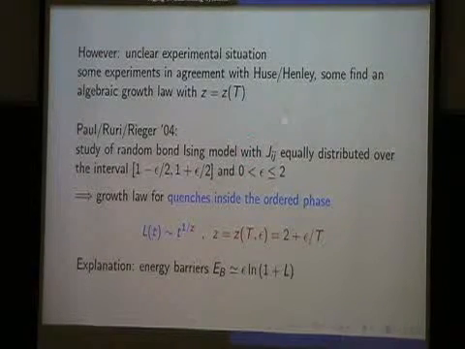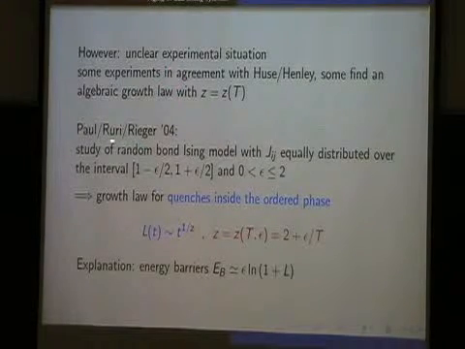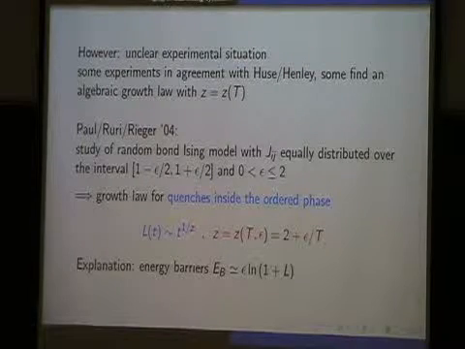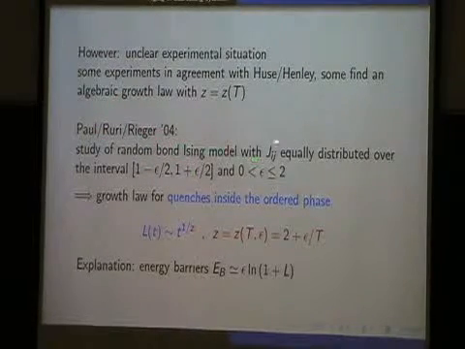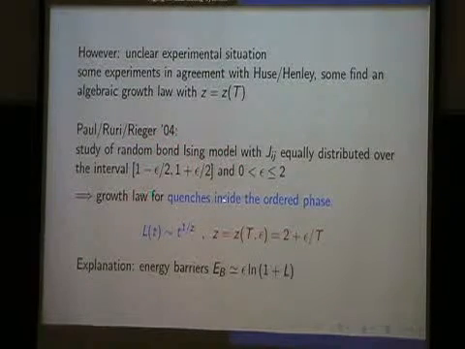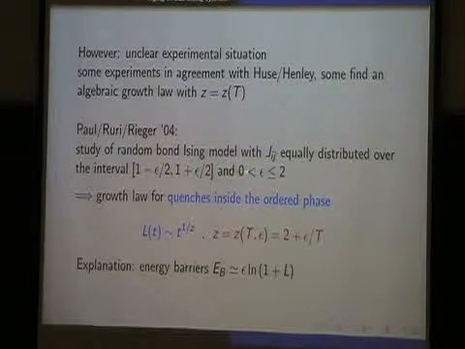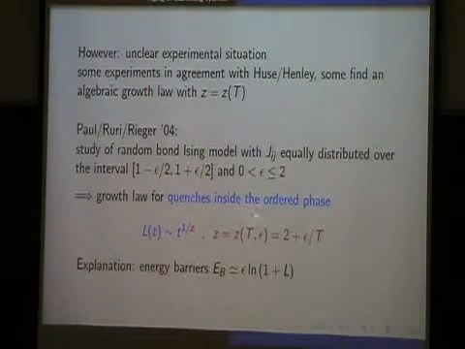Now, some experiments in fact showed the algebraic growth law, and Heiko Rieger's group did then a very systematic study on the random bond Ising model, where the bonds are now taken out of this kind of distribution here. You see the value of J_ij is between 0 and 2.